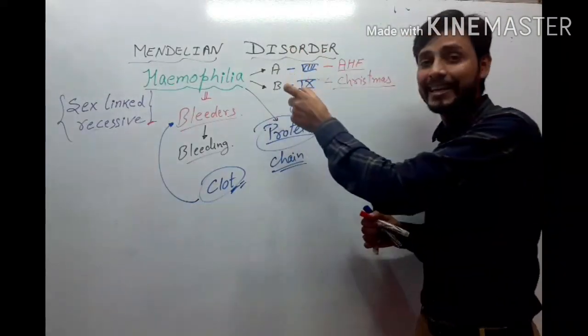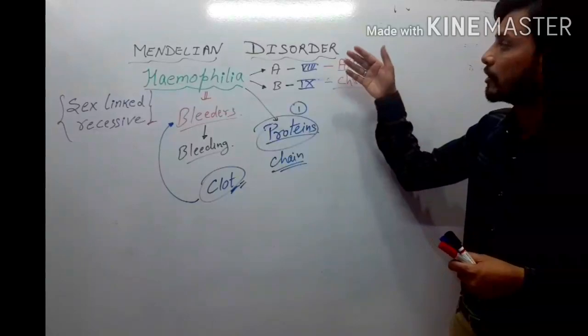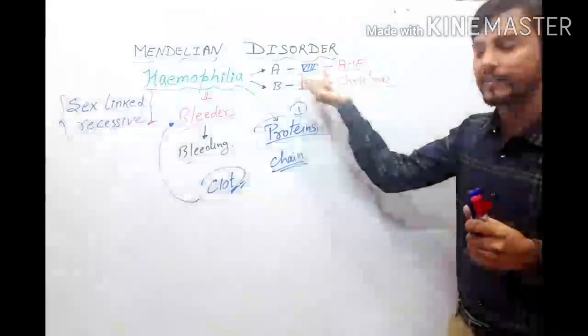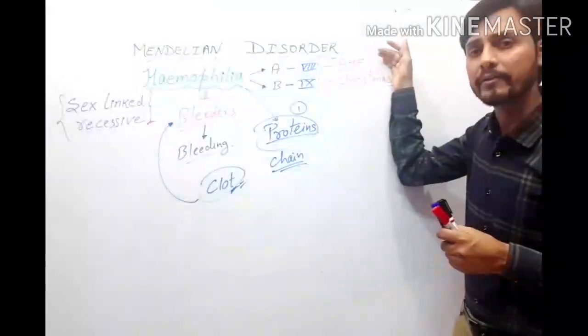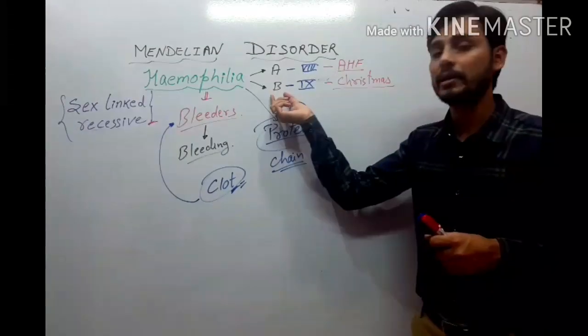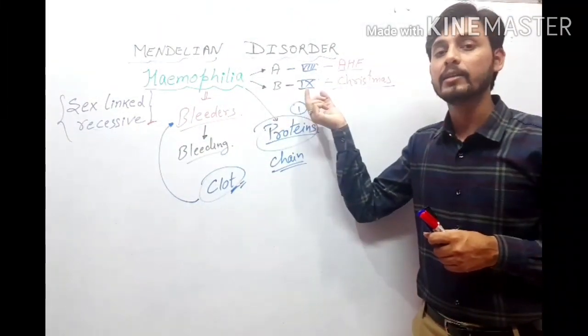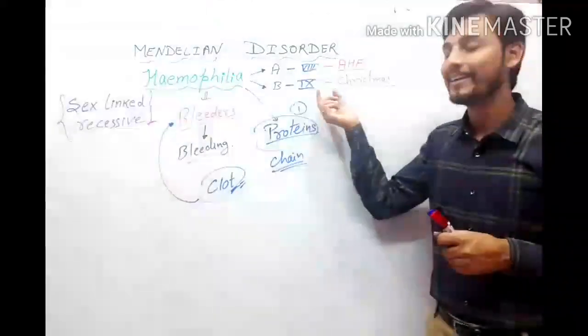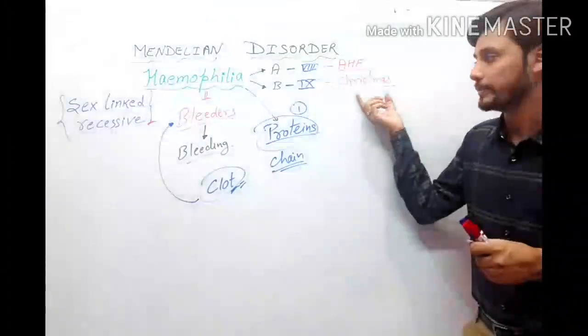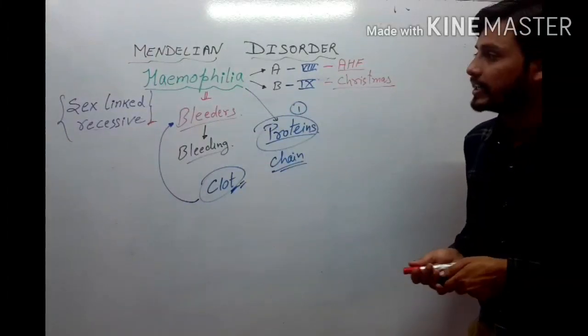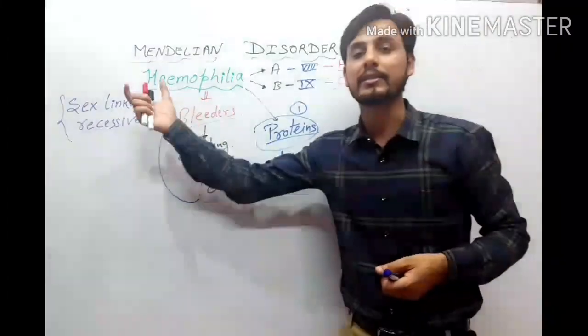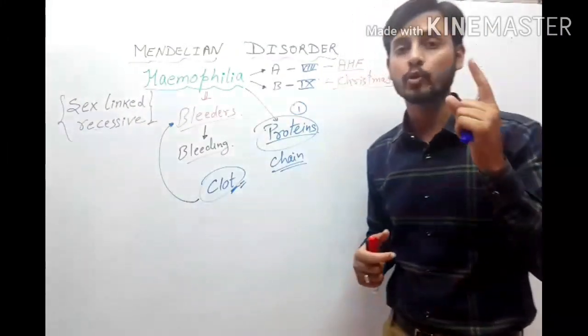Hemophilia A is caused due to the lack of clotting factor 8, which we call the anti-hemophilic factor, whereas hemophilia B is caused by the lack of clotting factor 9, which is called the Christmas factor. To recall, hemophilia is a sex-linked recessive disorder, the most important thing.